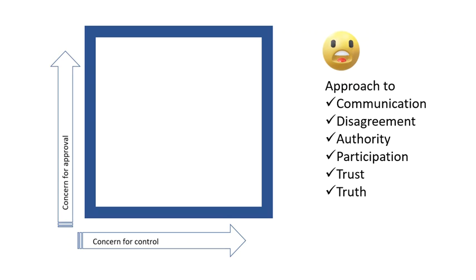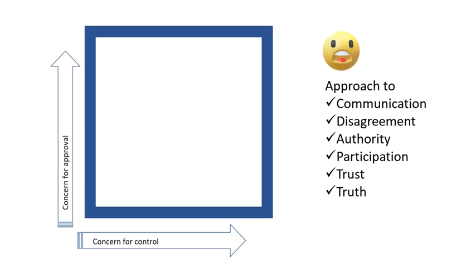If I'm the principal, I generally have two concerns in making decisions. One is the concern for control, which we can list on a horizontal axis from 0 to whatever, low to high. The other concern I would have is the concern for approval.